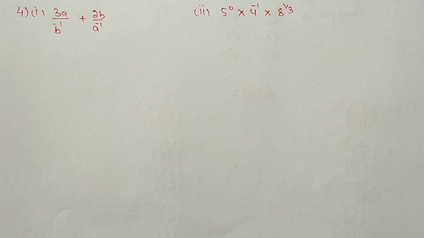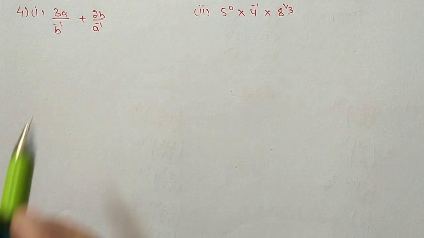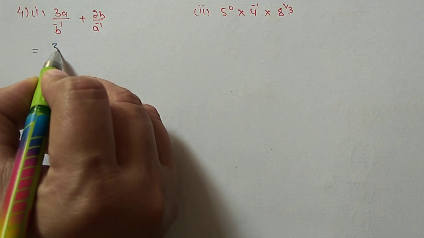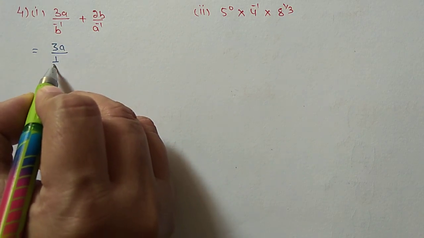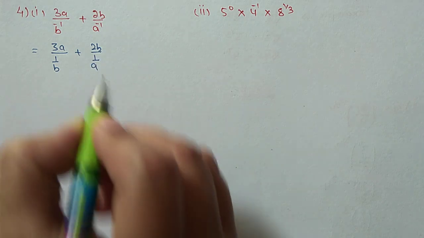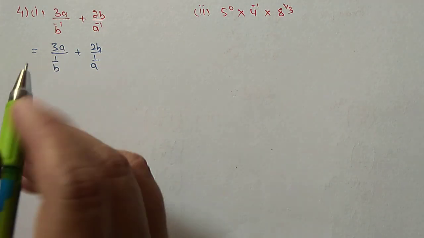Next, fourth question, first part, 3a by b to the power minus 1 plus 2b by a to the power minus 1. First this negative power we will change into positive, it will become 3a by 1 by b, and here 2b by 1 by a. So this will be reciprocal and b will go up.